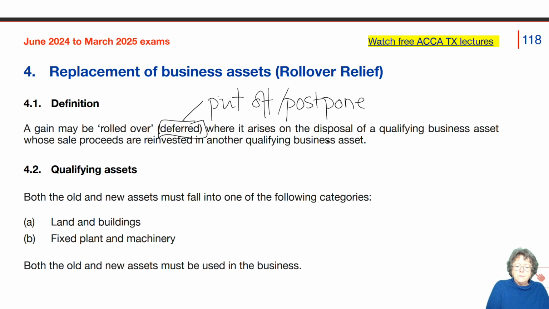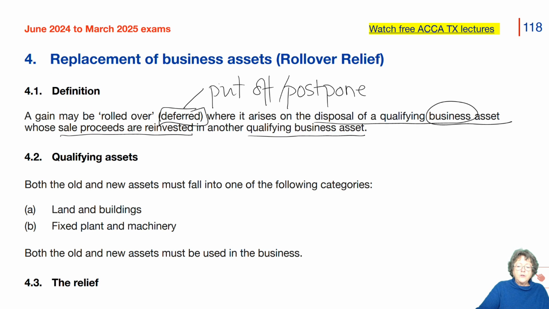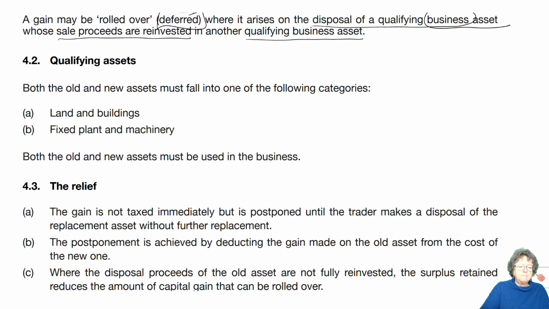Now, it has to be a disposal of a qualifying business asset where the sales proceeds are reinvested, not the gain, the sale proceeds, in another qualifying business asset. So what are qualifying business assets? These are the ones that you're going to come across.